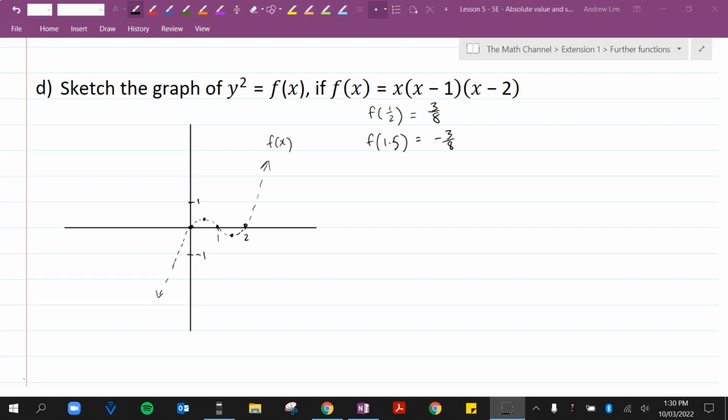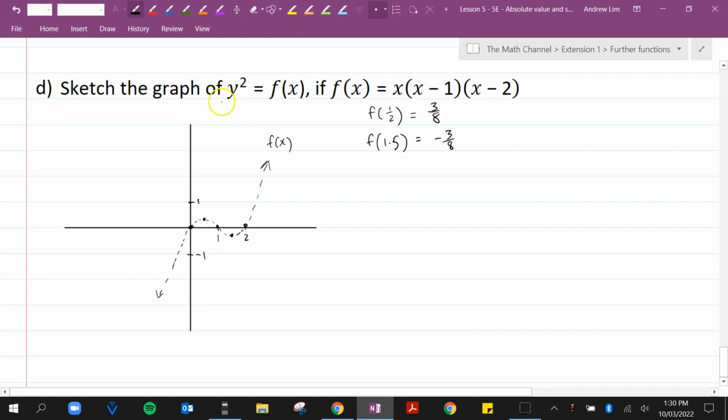It's about 3 over 8. And when x is 1.5, the y value will be negative 3 over 8. So both of them are less than 1 or negative 1. So with that, I've drawn f of x here. This is a rough sketch of it.